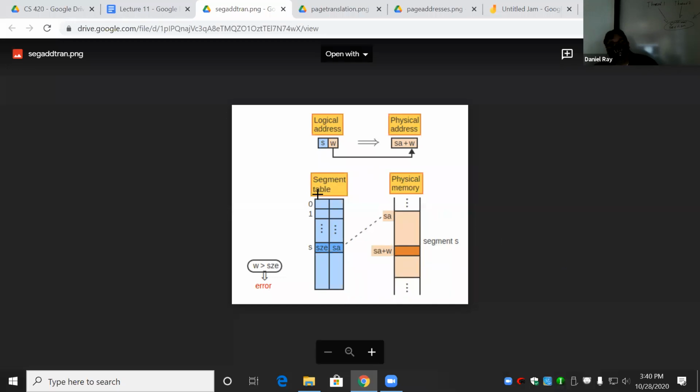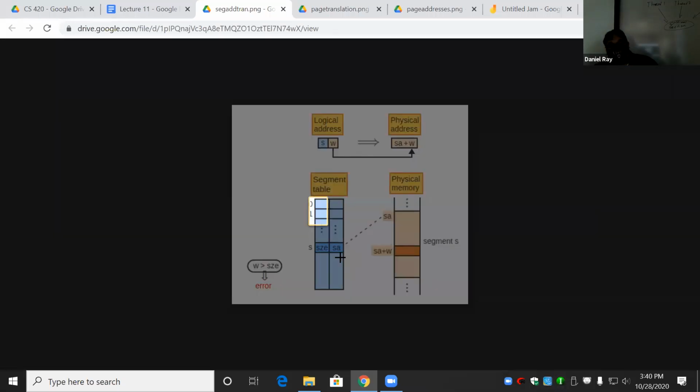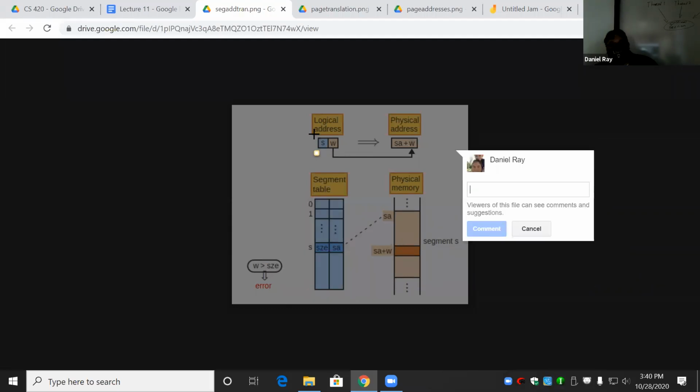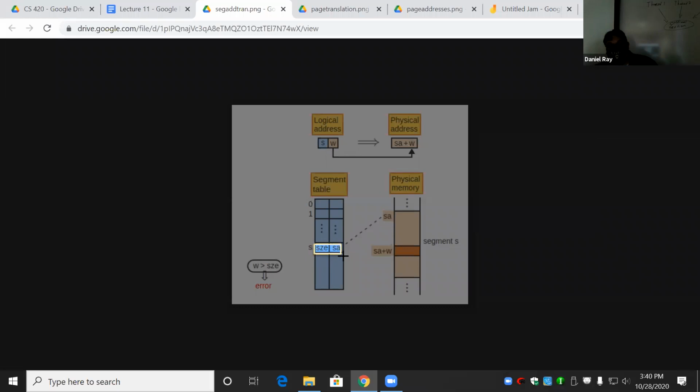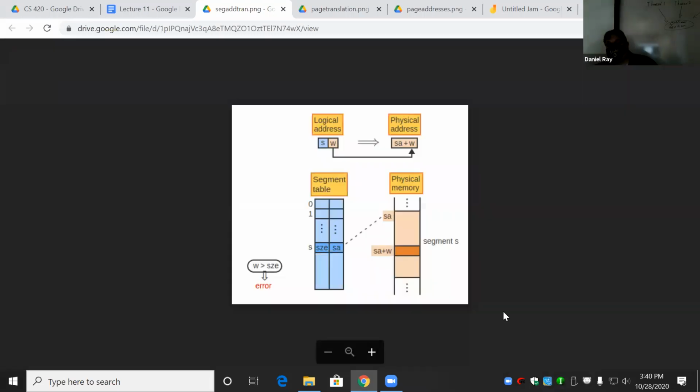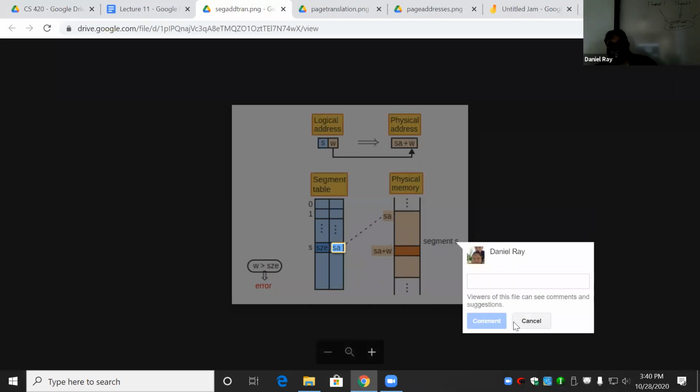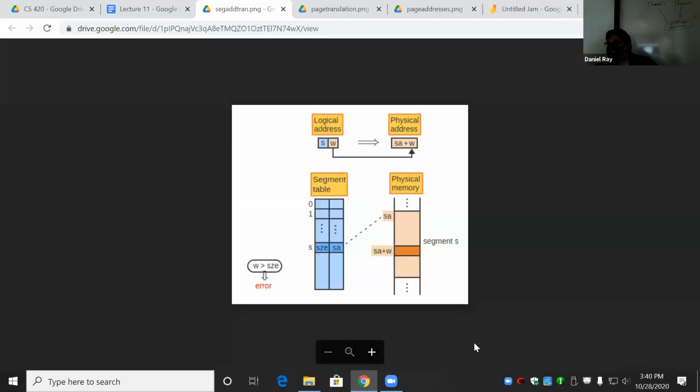When we look up a segment in the segment table, what we find are two pieces of information: the size of that segment and the segment address, which is the address in physical memory where that segment has been loaded.